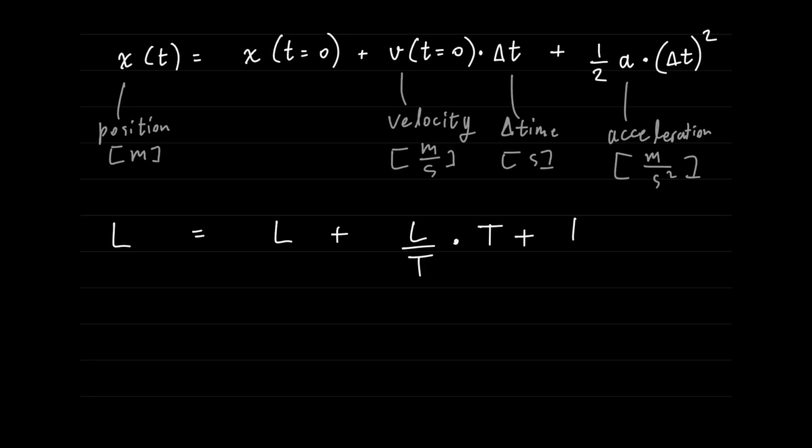A is L over t squared, and delta t squared here is just t squared. And these cancel out. Now we have L equals L plus L. We can conclude that this equation can be valid because all the terms have the same units.